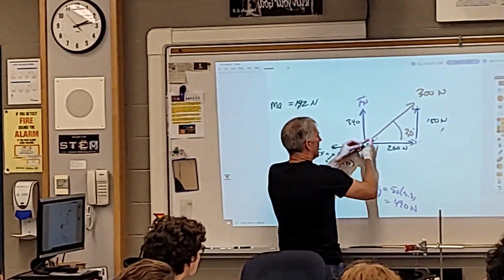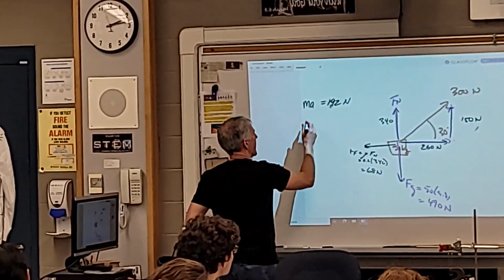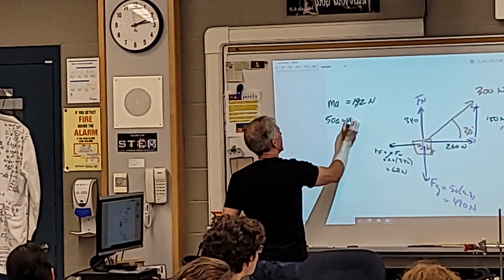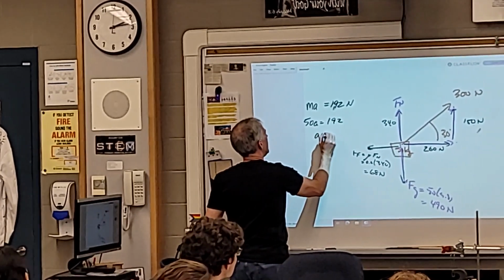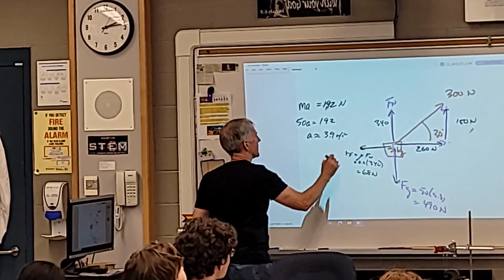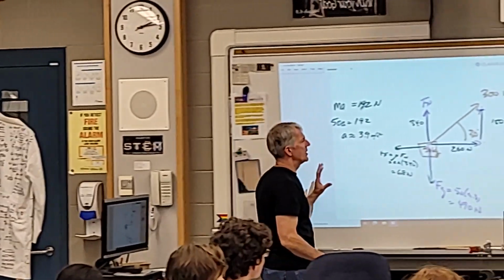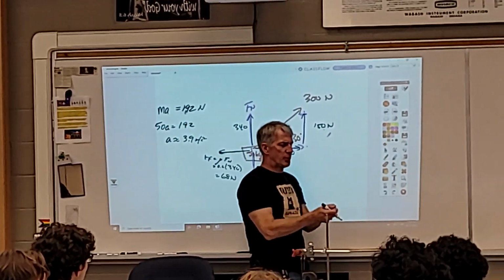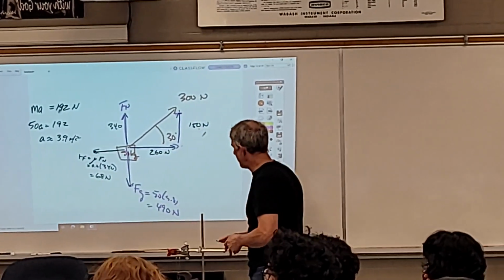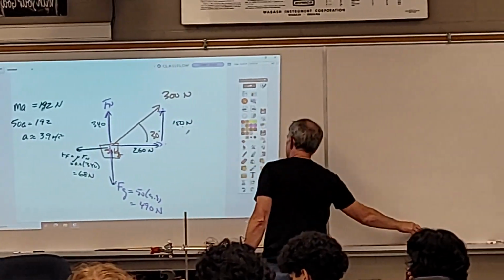I'm doing X and Y components for this, and I would then put 50a in here and find it really close to about 3.9 meters per second squared. Does that make sense? So then we said, okay, you can do this, you can take forces, pull at an angle, find that, but what if the whole floor was an angle? What if we had an inclined plane?